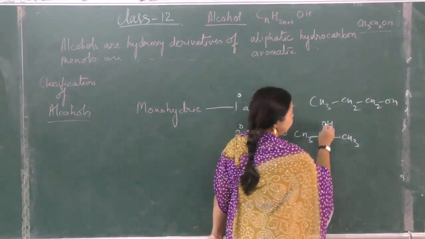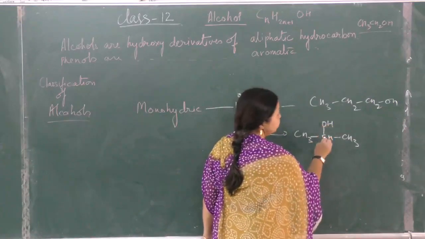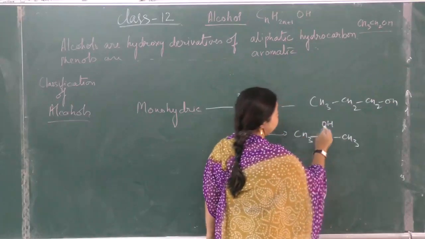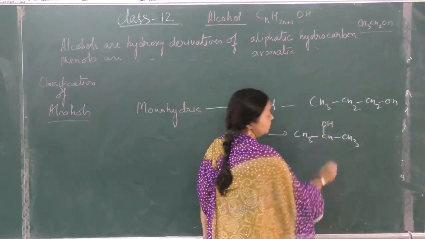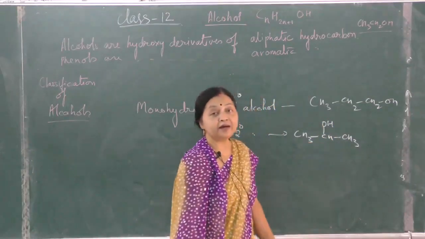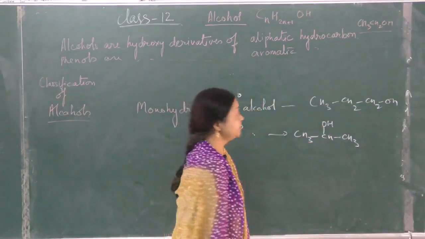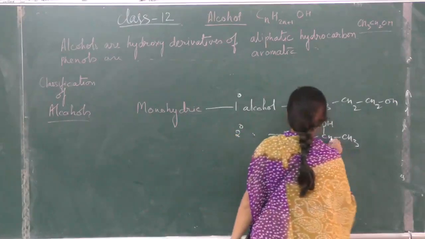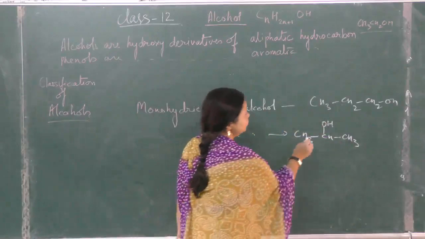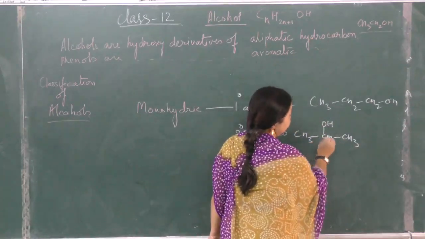The carbon to which the OH functional group is attached is further connected to two more carbon atoms. This is the very in thing, isopropyl alcohol used in your sanitizers. So this is isopropyl alcohol, or propan-2-ol, the IUPAC name.